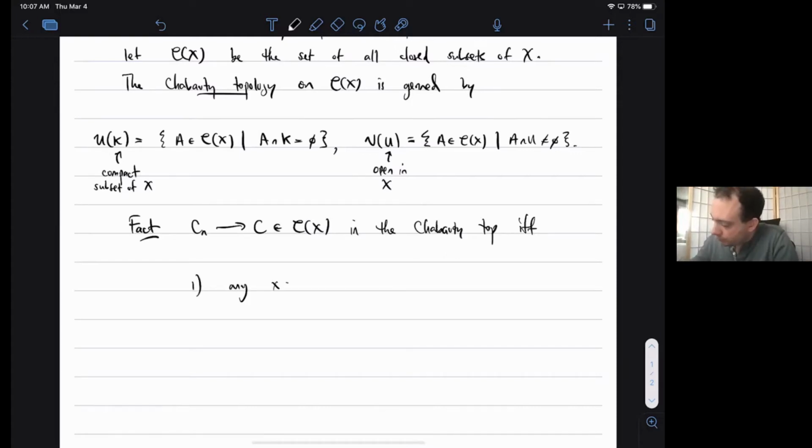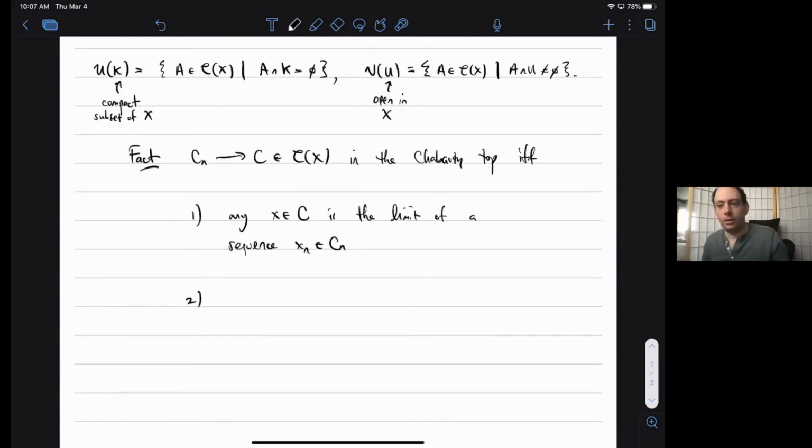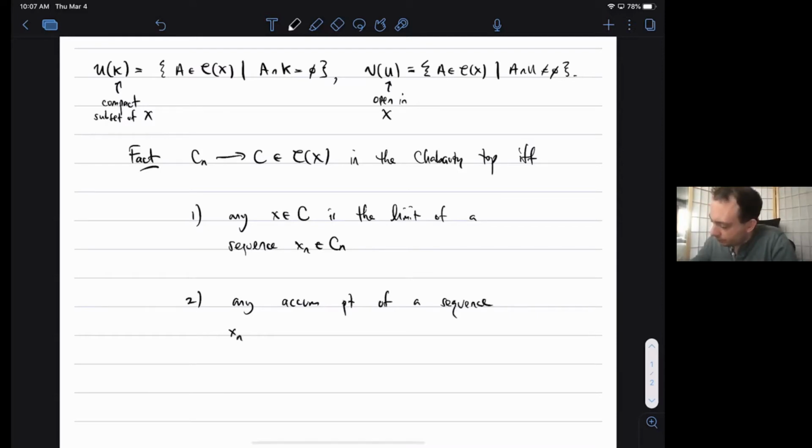One, any x in C is the limit of a sequence of points xn in Cn. And two, any accumulation point of a sequence xn in Cn lies in C.